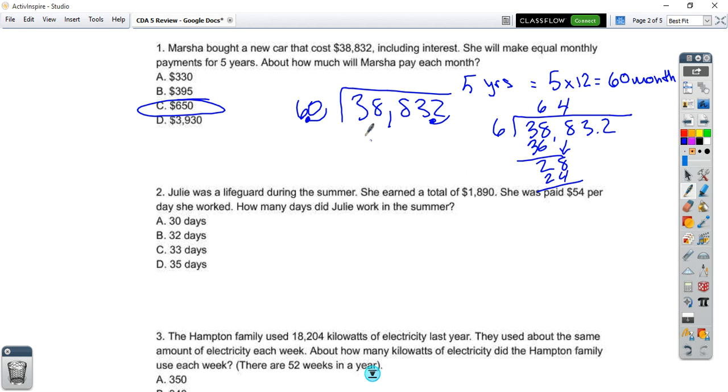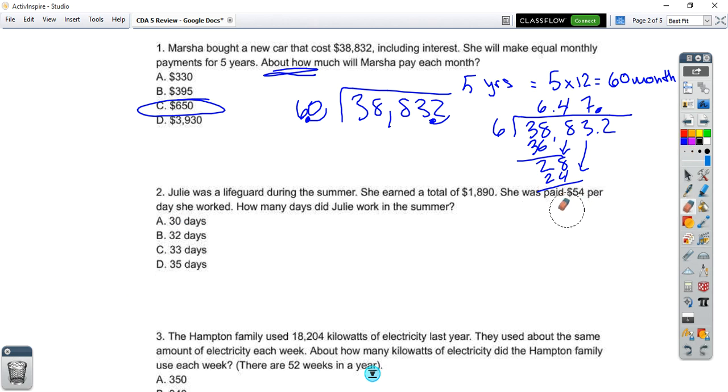But it does say about how much, so still, it's probably going to be right. I subtract, I get 4. I drop my 3. 6 goes into 43 7 times. Yeah, so this makes sense. 647 point something would round up to be 650. So that is correct.